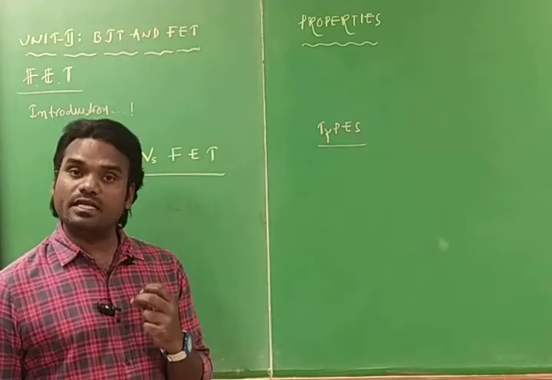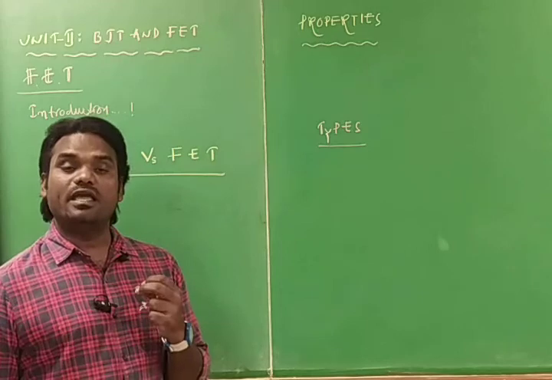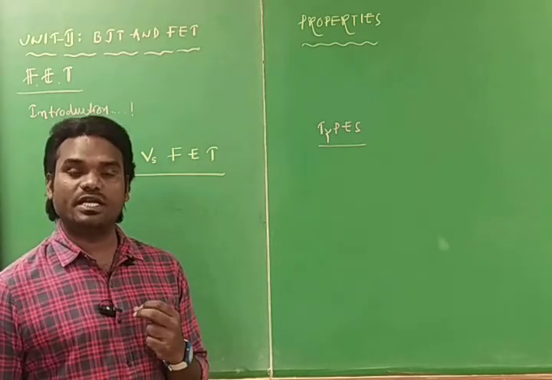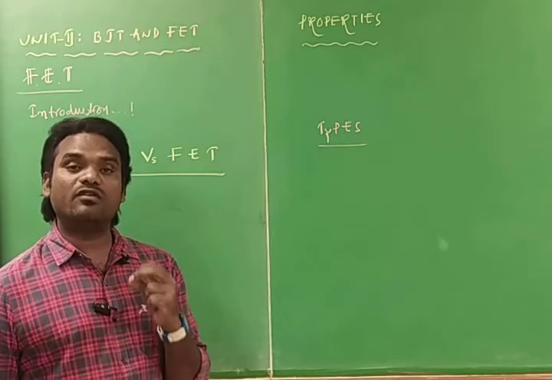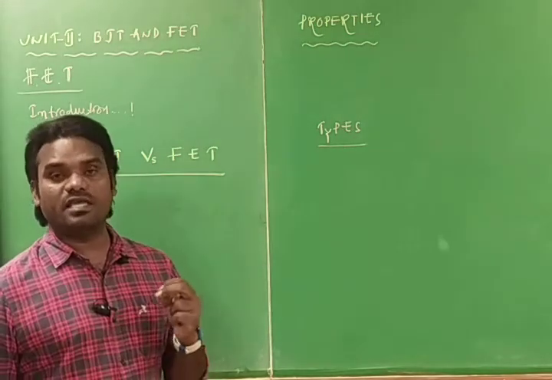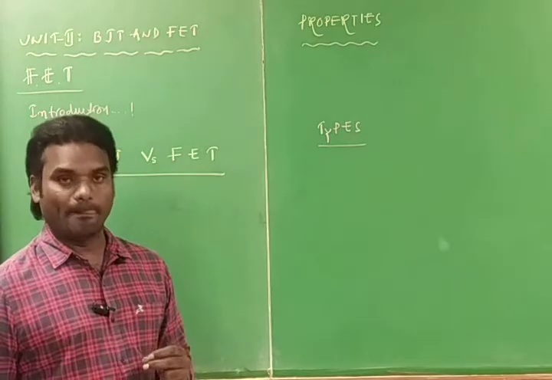By applying an external DC voltage, or biasing voltage, an electric field is generated inside the transistor, and that electric field controls the current flowing through this device. So it is named FET, field effect transistor.